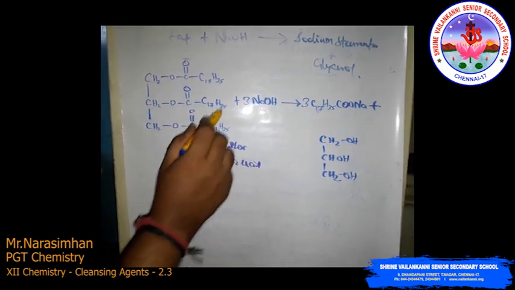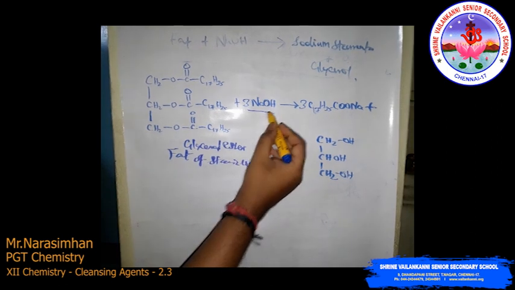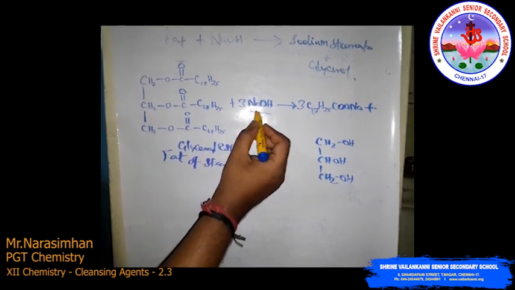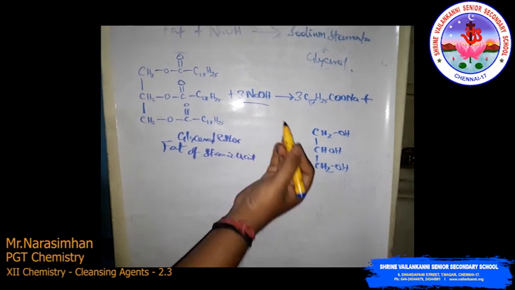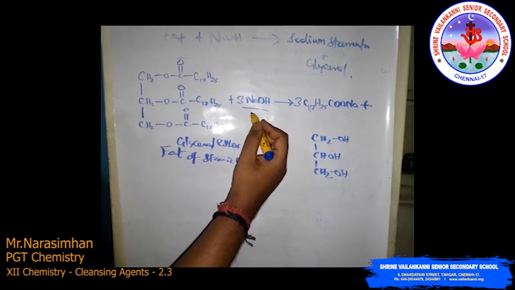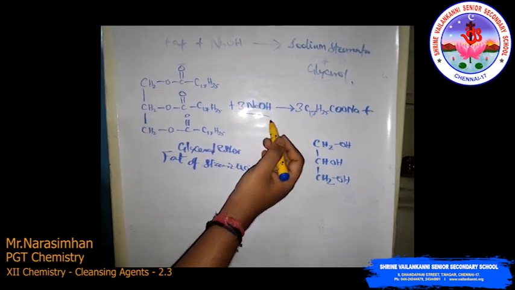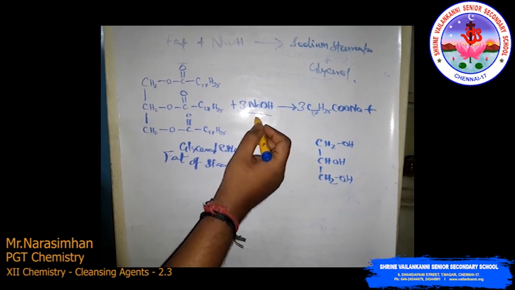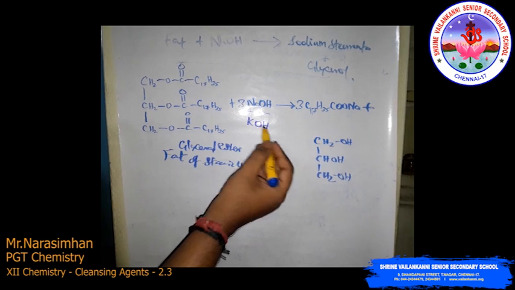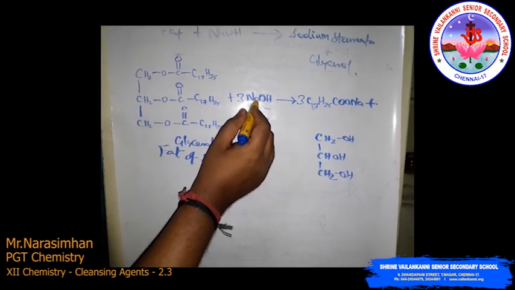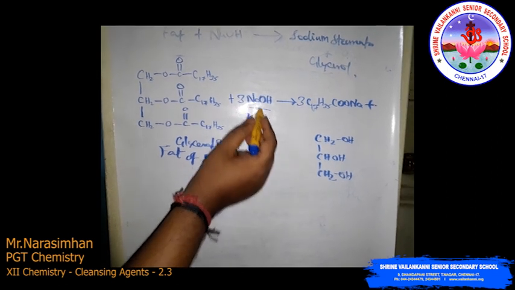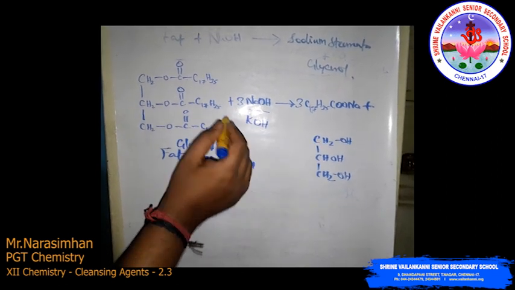This reacts with sodium or potassium hydroxide. You can use either one. It is better to use potassium hydroxide, which gives a very soft soap that is also good for skin. Sodium and potassium salts are water soluble, that's why we use them.